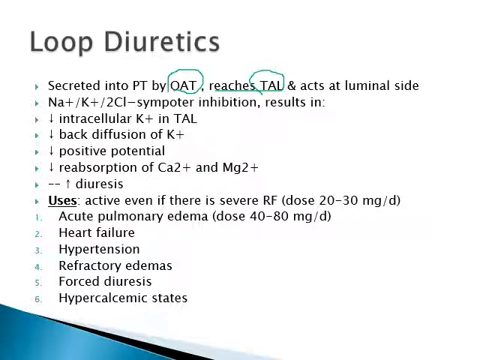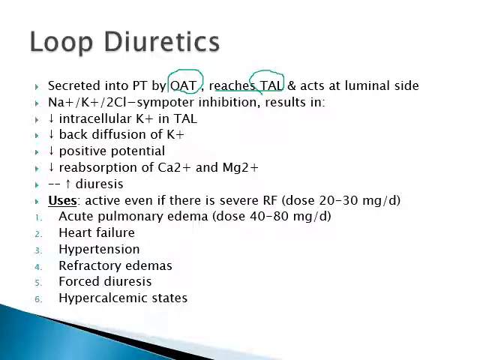If that transporter is inhibited, obviously there won't be reabsorption of sodium; up to 25% of sodium will not get reabsorbed and will get excreted out from the kidneys. That will lead to its diuretic action.